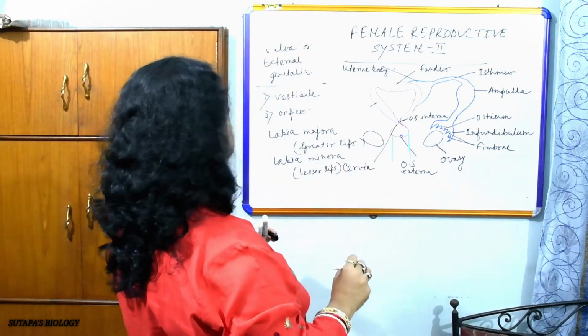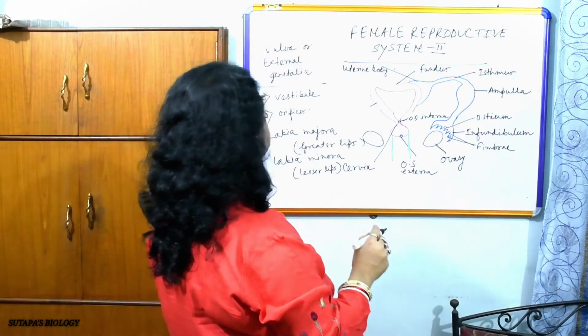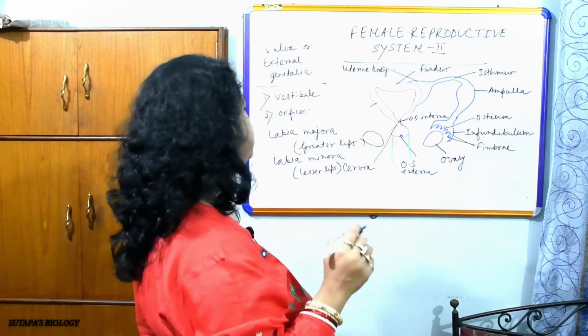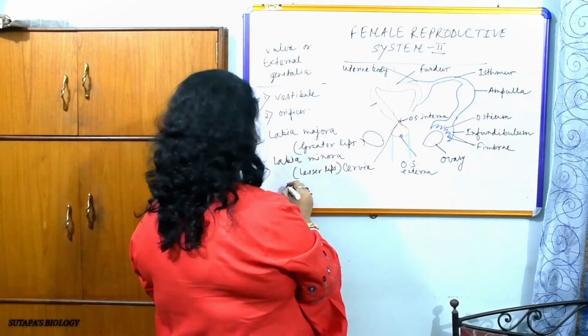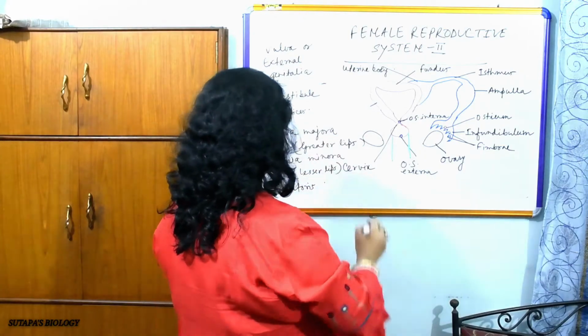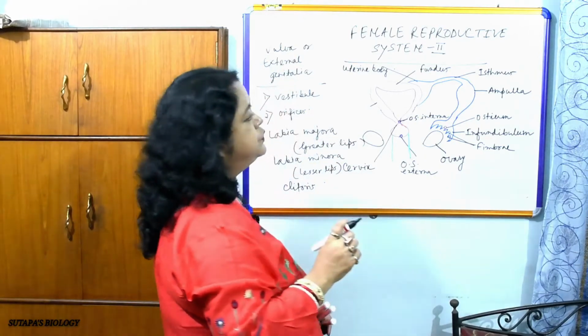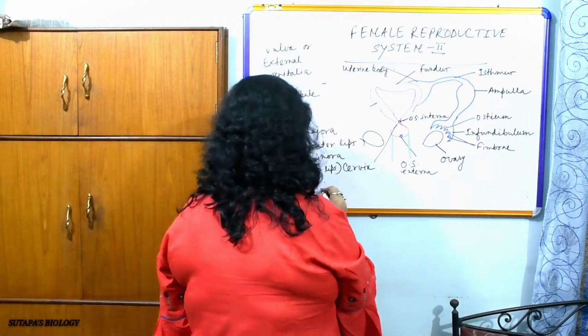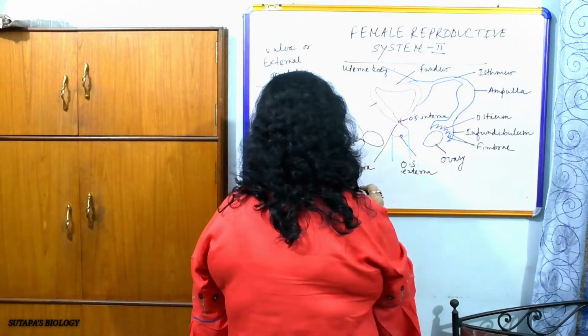After that, inside the vestibule, at the anterior junction of the labia minora, there is the clitoris. It's a very sensitive organ of the female. It's homologous with the male penis. Clitoris is homologous with the male penis.